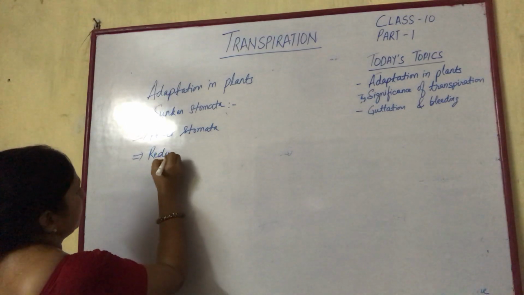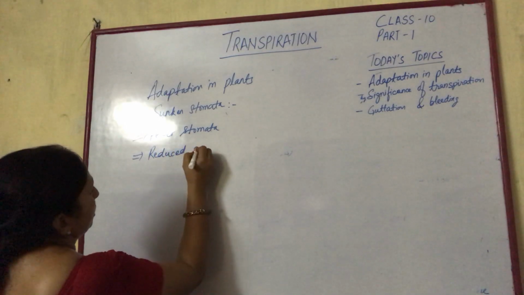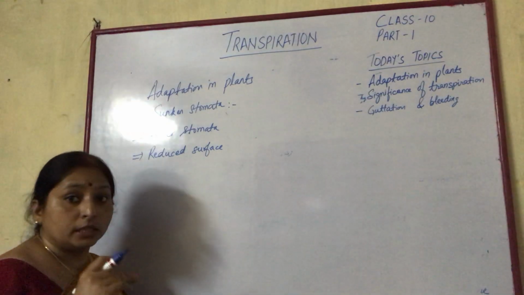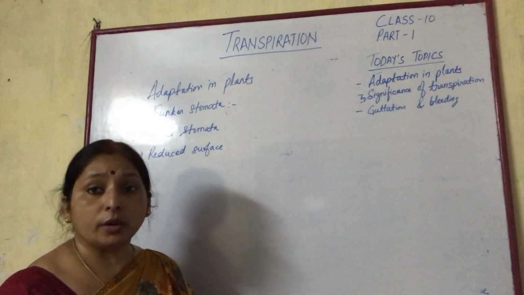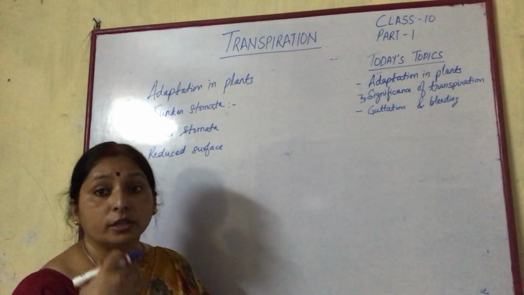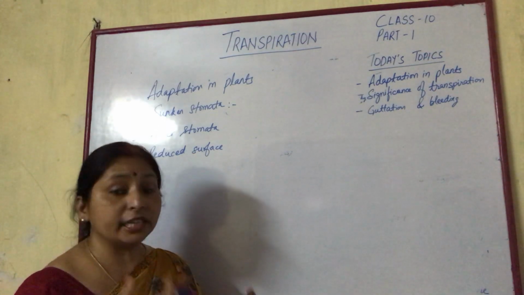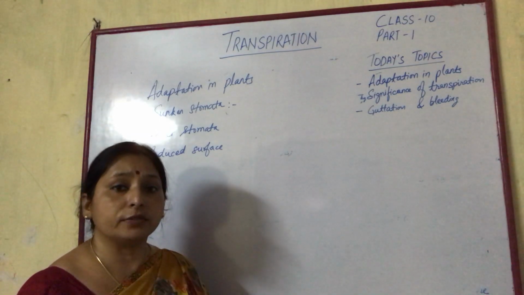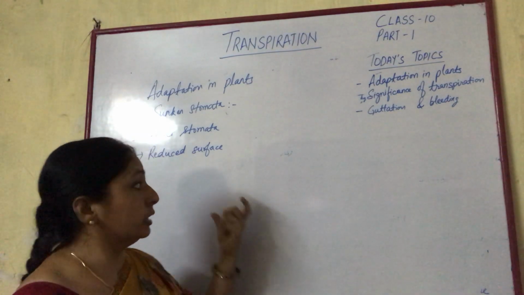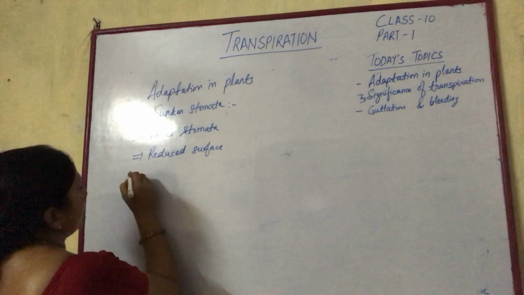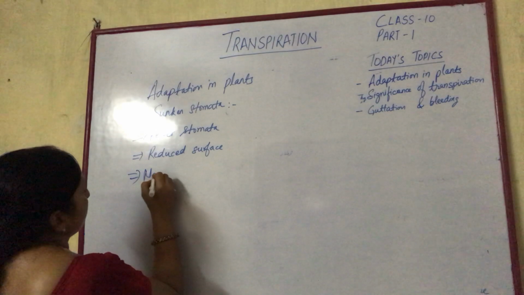Then reduced surface. Reduced surface means the leaves either roll down, or curl, or become wavy in appearance to reduce the exposure of leaves towards the sunlight, so that the leaf surface is reduced. Or next is narrow leaves.